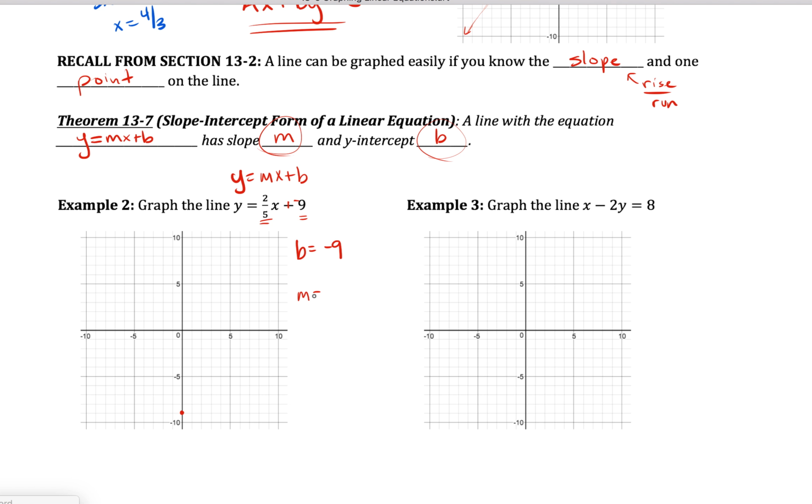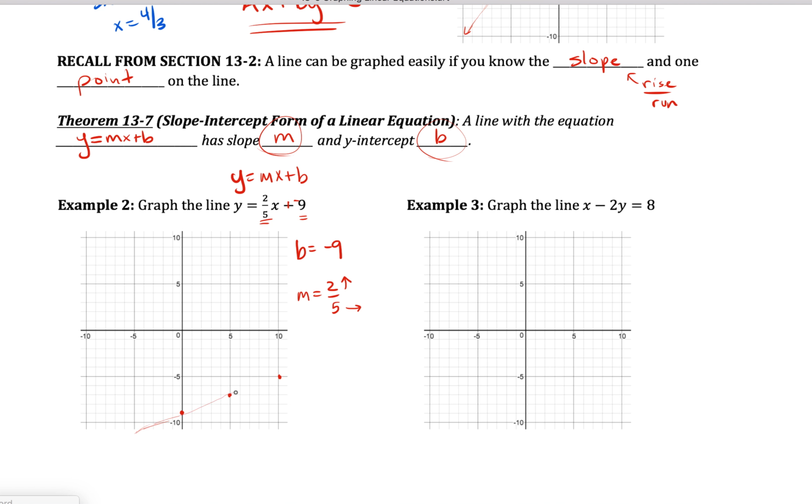Now my slope is 2 over 5. That means that from my point that I already graphed, if I go up 2 and right 5, I'll have another point. If I do it again, up 2 and right 5, I'll have another point. Those 3 points, if I connect them, that's my line that I'm graphing.